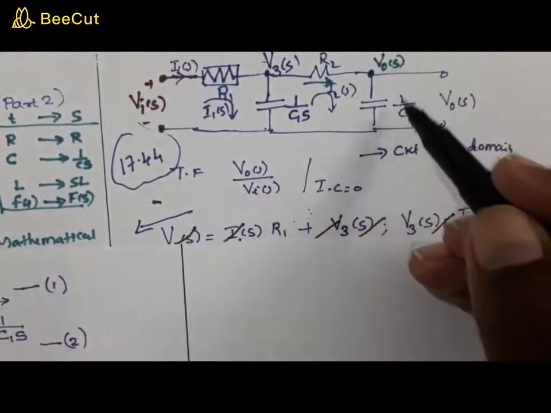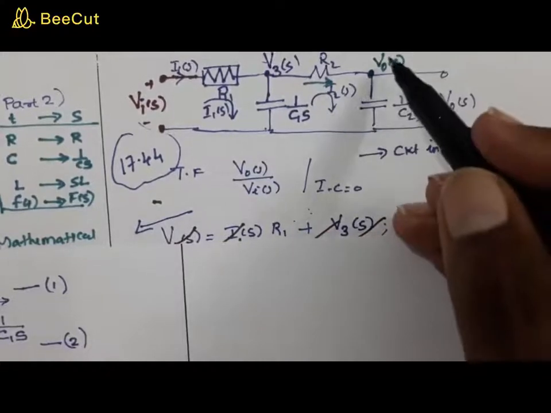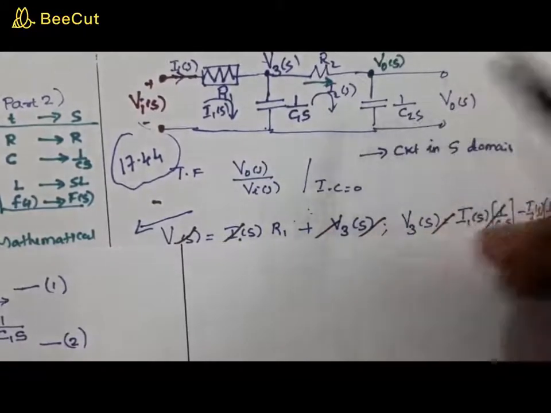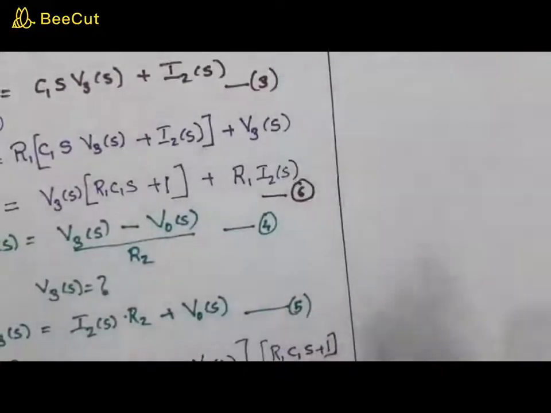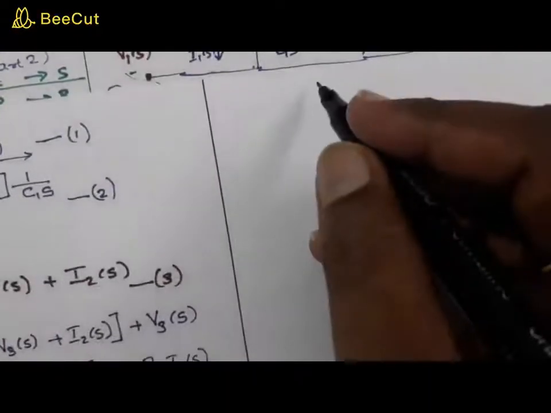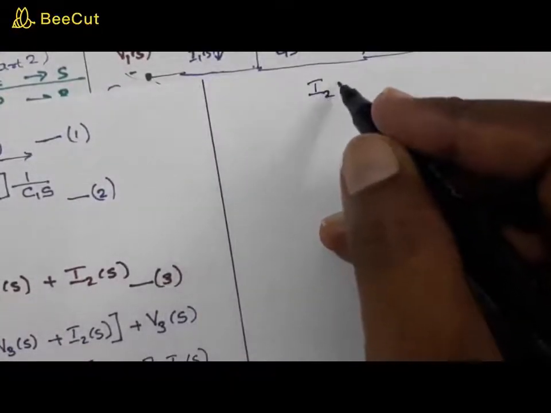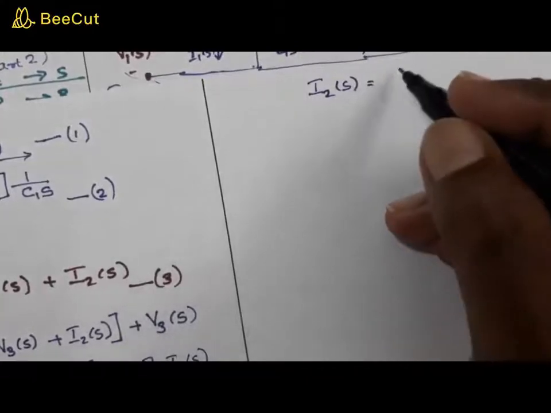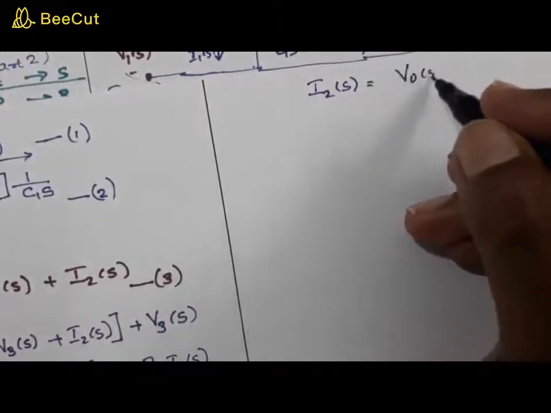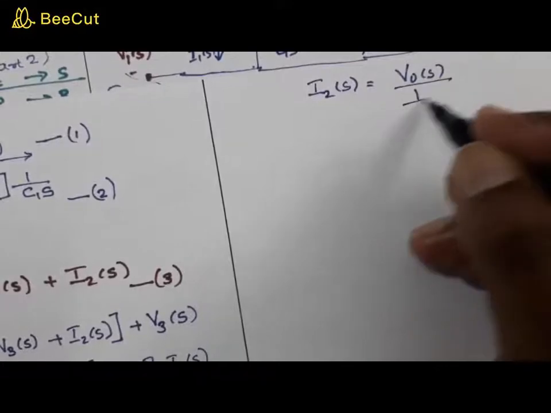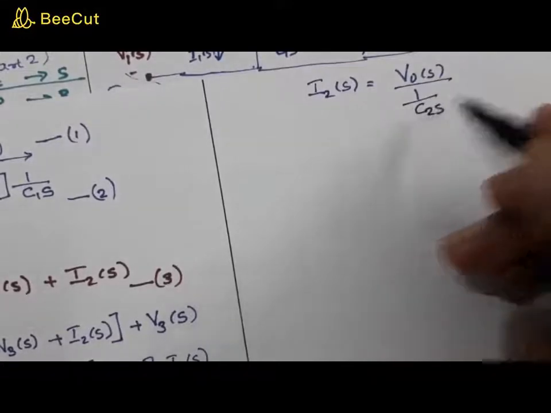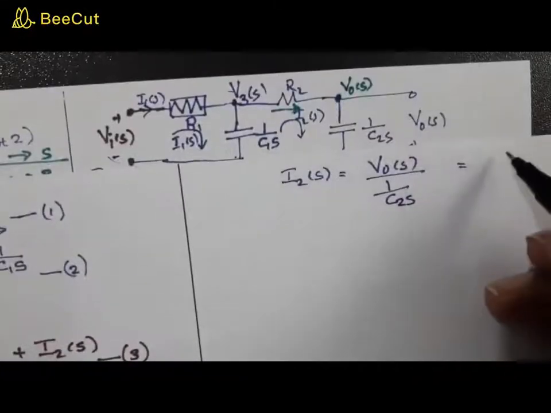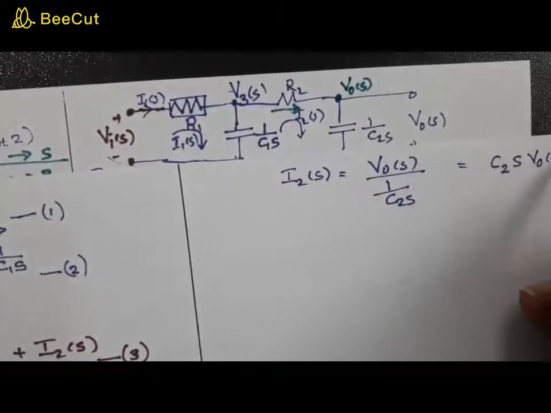If this is the impedance, the current flowing through this is V0 divided by that impedance. That means your I2 of s is going to be equal to V0 of s divided by 1 by C2s, or you can bring this up so that it becomes C2s into V0 of s.